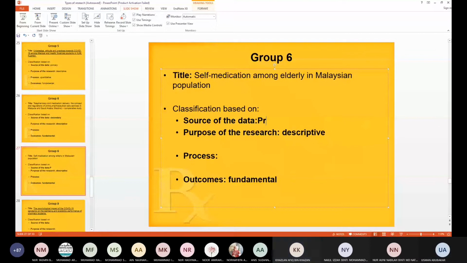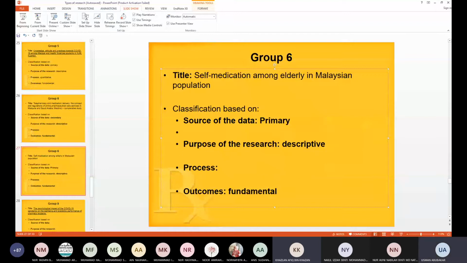Okay, excellent. How about the classification based on the purpose? We are not sure if it is descriptive or exploratory. Okay, what kind of process do you want to use? Is it qualitative or quantitative? We want to use mixed qualitative and quantitative.